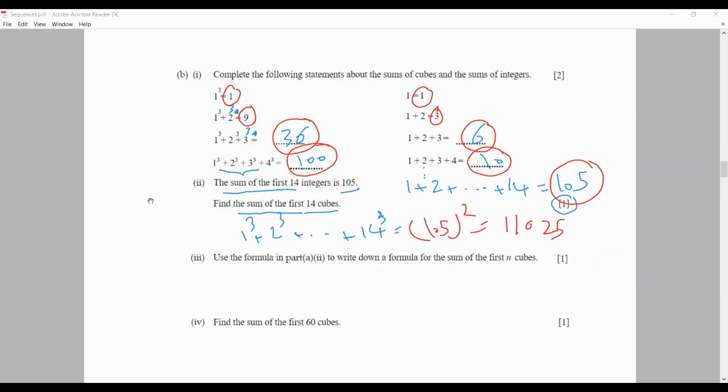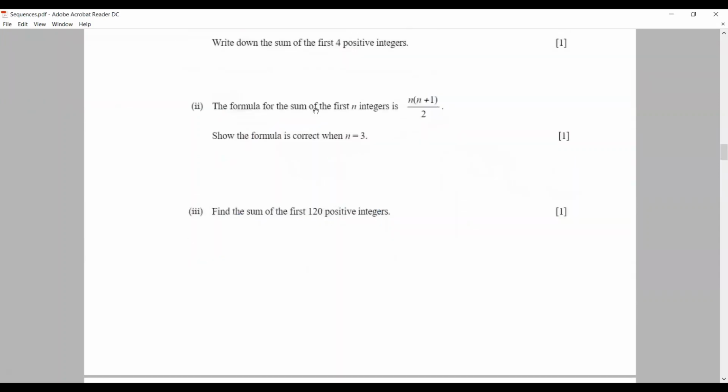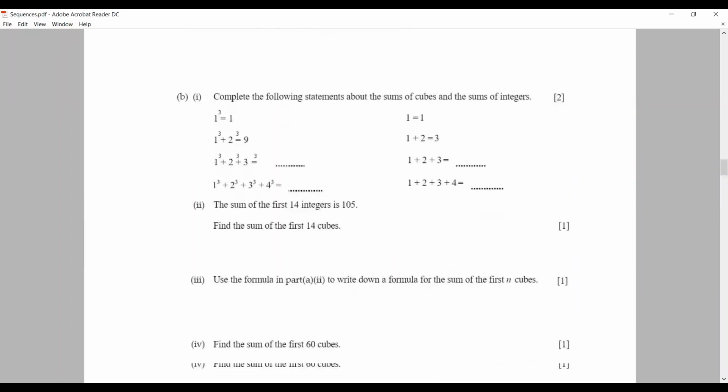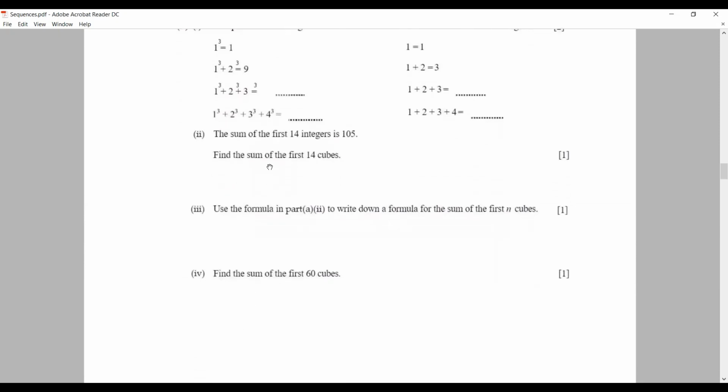Use the formula in part A2 to write down a formula for the sum of the first n cubes. Let's go back to A part 2. This is the formula for the sum of the first n integers. For the cube one, as I told you just now, if this is 10, this is 10 squared. If this is 6, this is 6 squared.